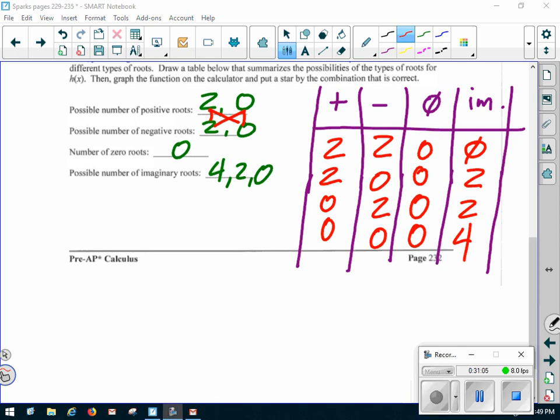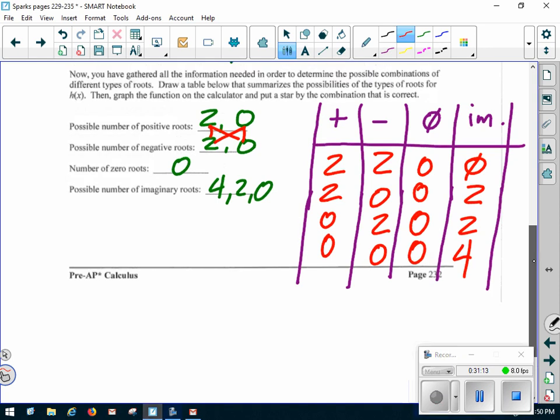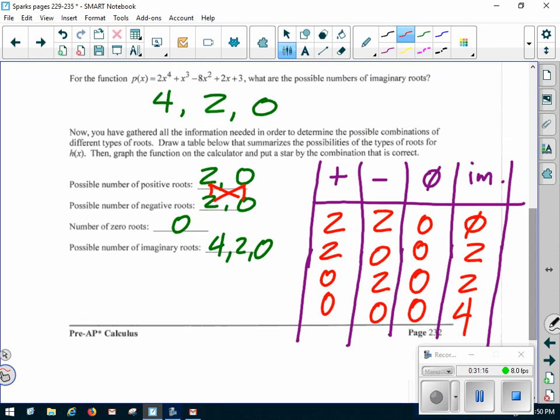Now what you're expected to do is get out your graphing calculator, and because I forgot to tell you to get it, probably only a few of you have it handy. So if you have it handy, I'm going to graph that. And I know Tristan's got his handy. If you have that thing handy, graph that real quick, and we're going to see which one of these actually is true.